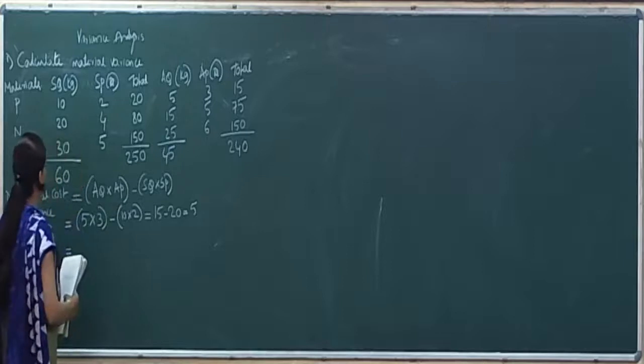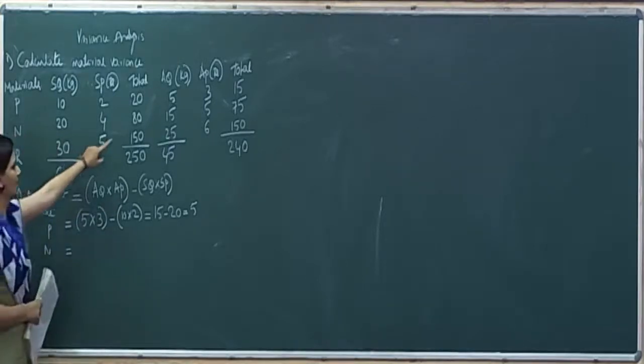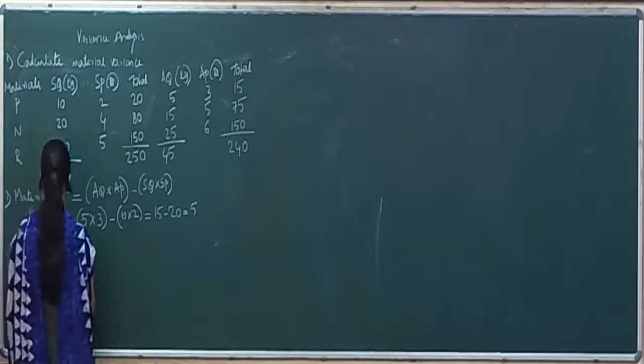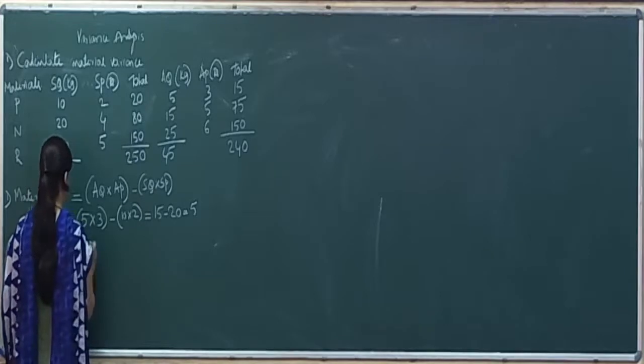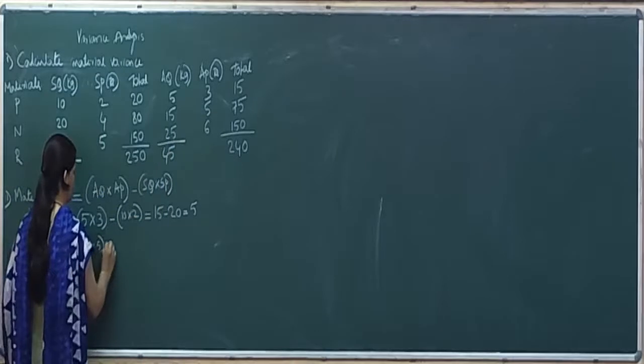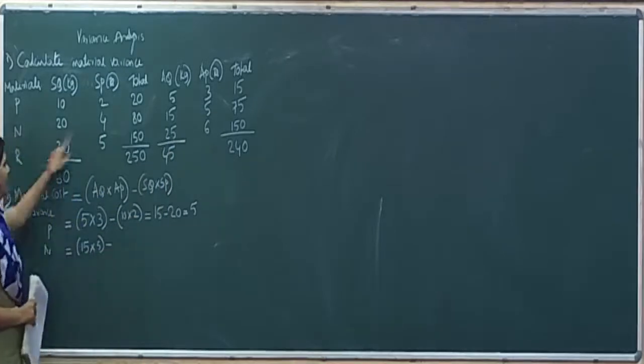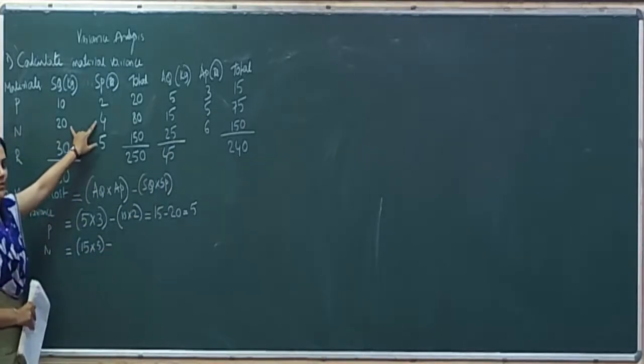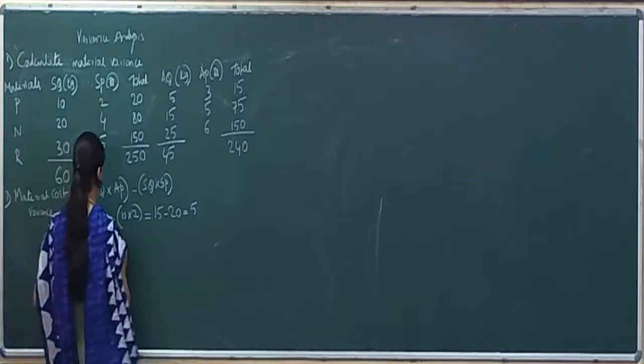Now for N, actual is 15 into 5, and standard here is 20 into 4.